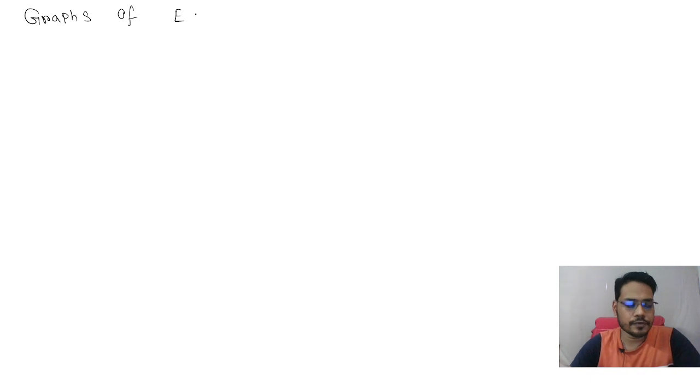Now we will draw a few questions or graphs where you can find infinitely many solutions. In the last few questions we learned how to find the intersecting point. That means only one common point is there, only one solution is there.